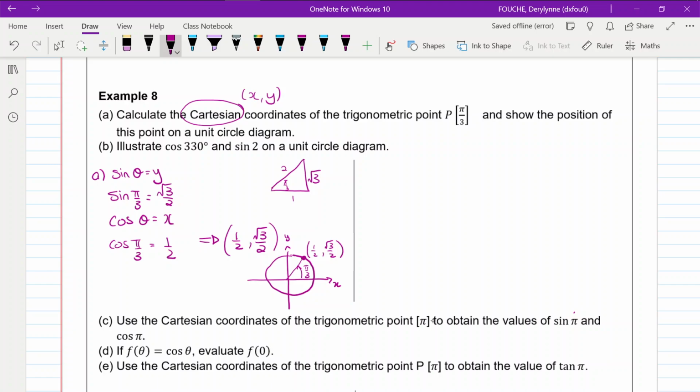Okay, it says illustrate cos 330 degrees and sine 2 on a unit circle diagram. Okay, now cos of 330, remember that cos theta gives me my x value.